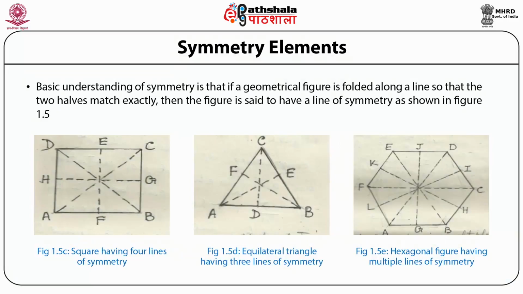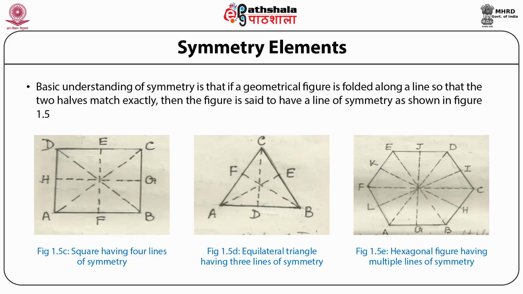Figure 1.5c shows a square having four lines of symmetry. Figure 1.5d shows an equilateral triangle having three lines of symmetry. Figure 1.5e shows a hexagonal figure having multiple lines of symmetry.